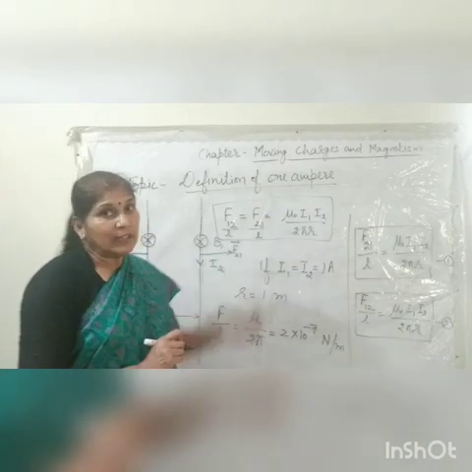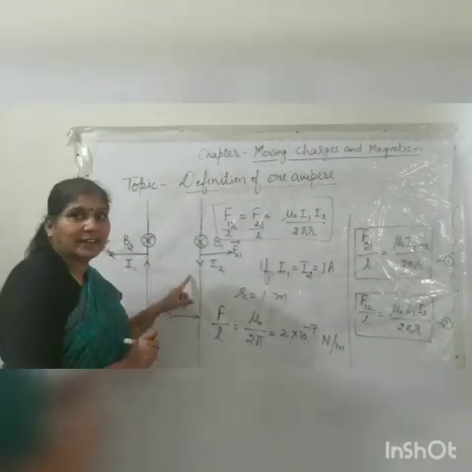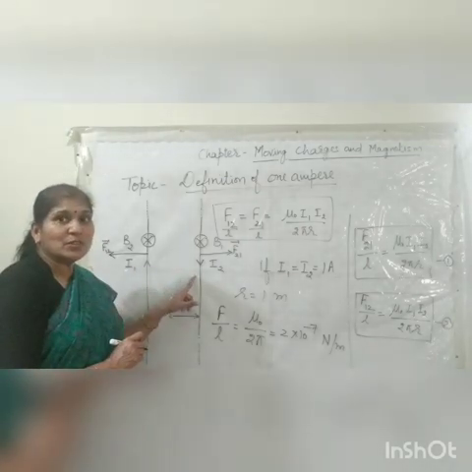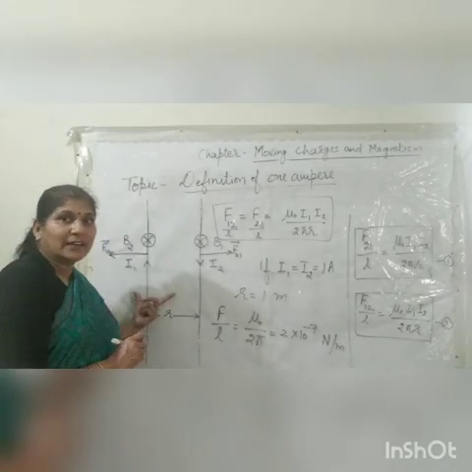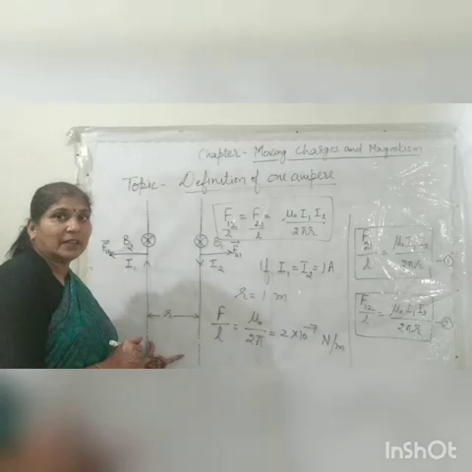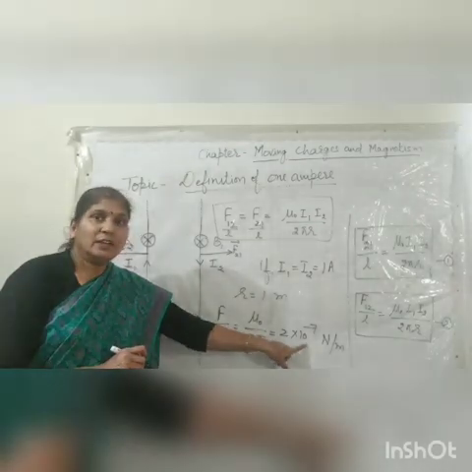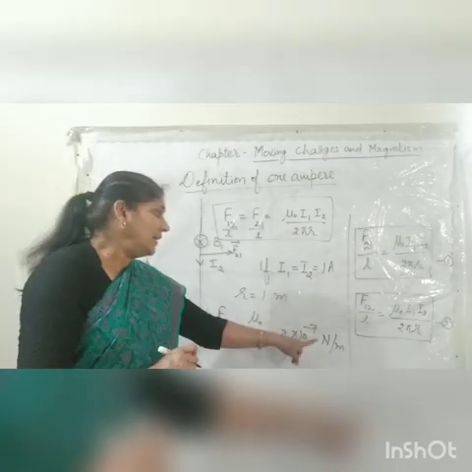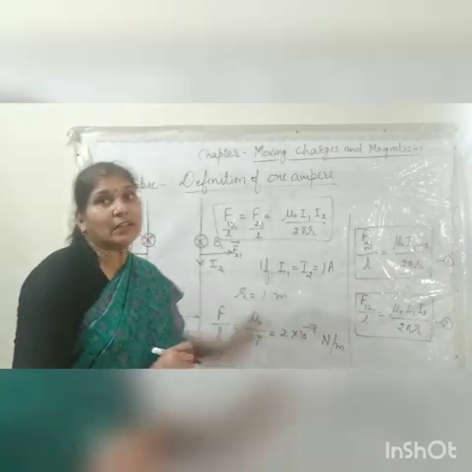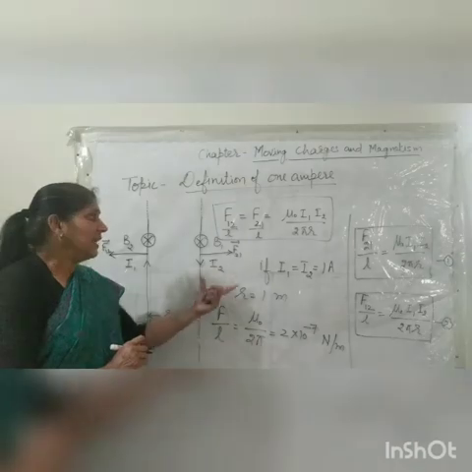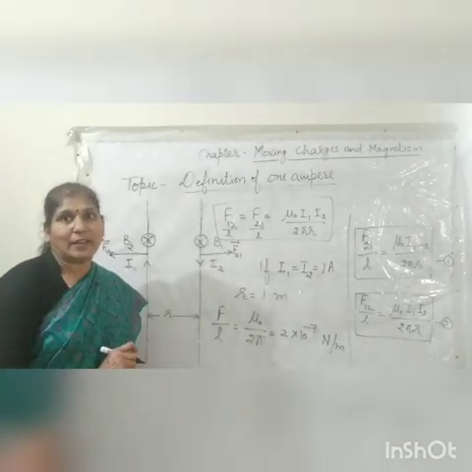So 1 ampere is that current which flows in two parallel conductors separated by a unit distance, and if they apply a force of 2 into 10 raised to the power minus 7 Newton per unit length on each other, then that current is 1 ampere.